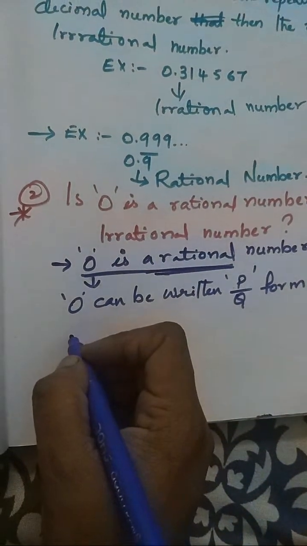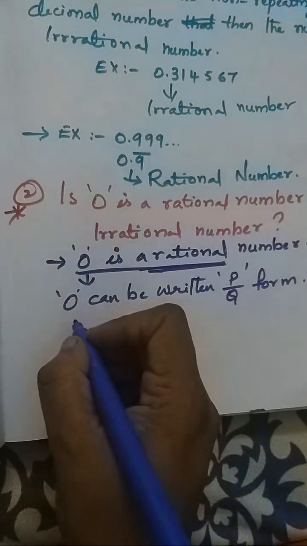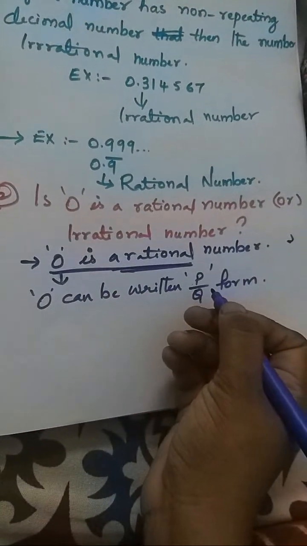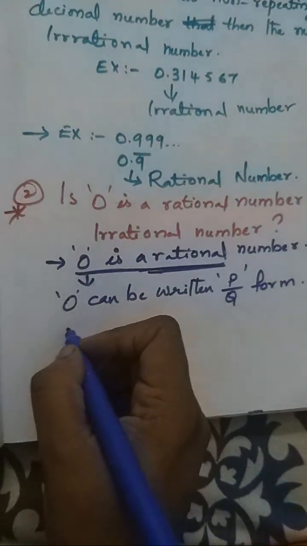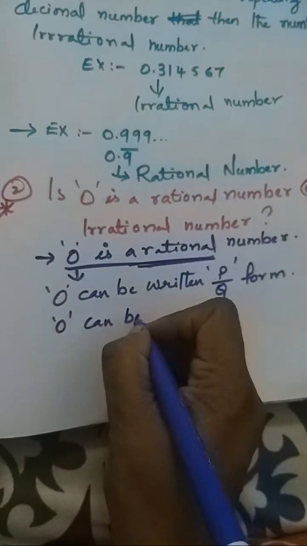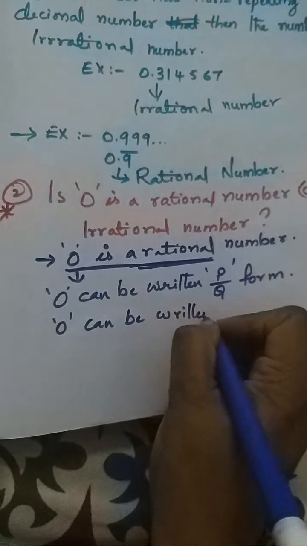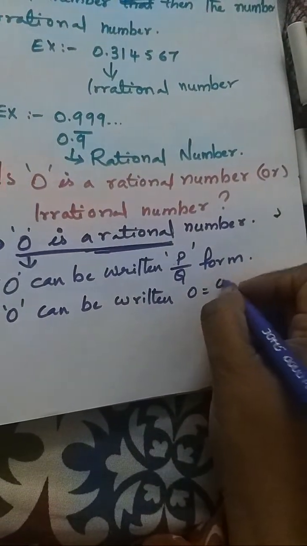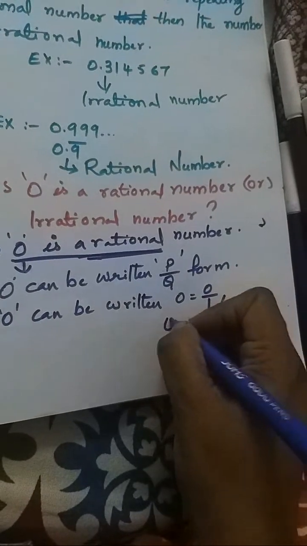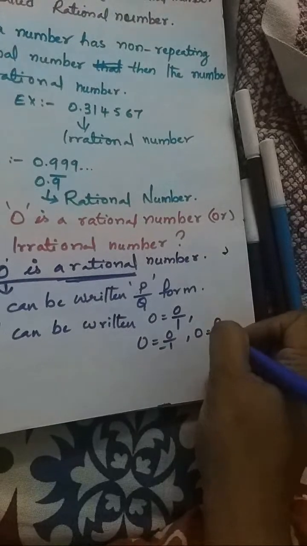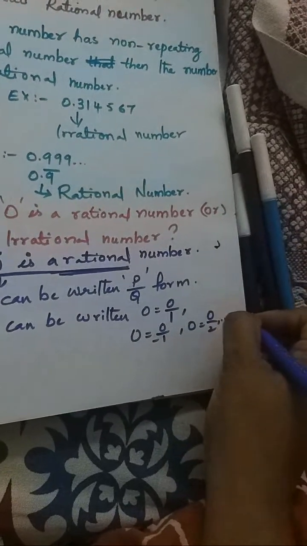And the answer for this proof is, 0 can be written in the form of p by q, that is, 0 equals 0 by 1, 0 equals 0 by minus 1, 0 equals 0 by 2, like this so on we can write.